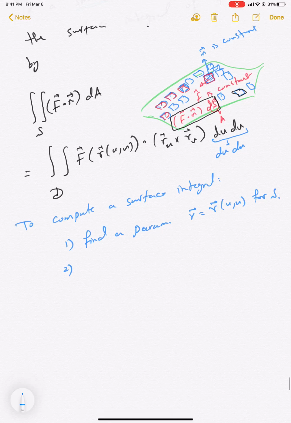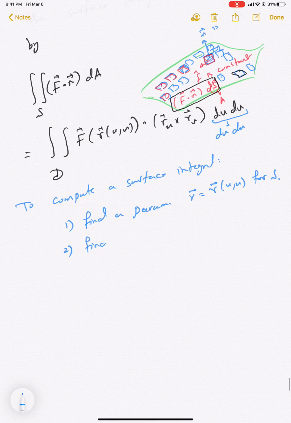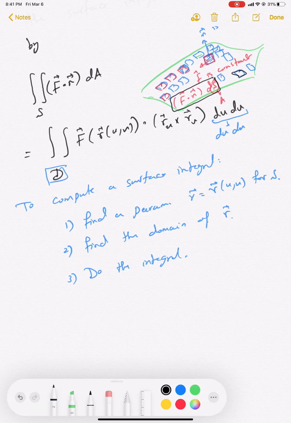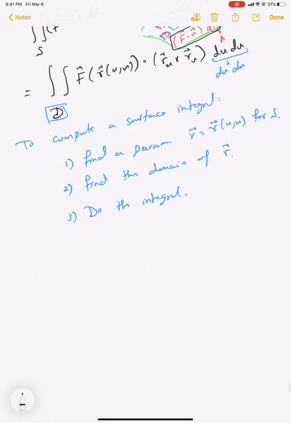Then it's very important to find the domain of the parameterization. It's not free. There is a domain D. Then you just do the integral. In direct computations, the difficulty is in finding the parameterization and its domain. Let's see an example.